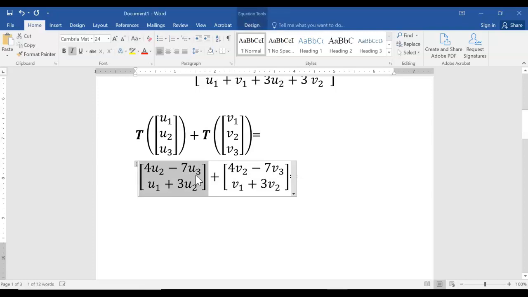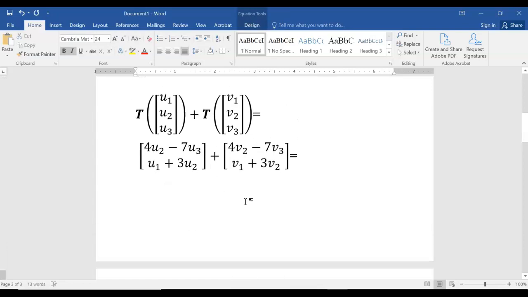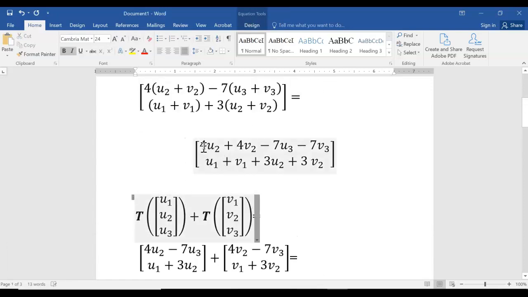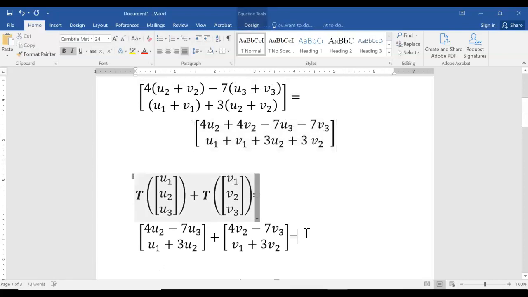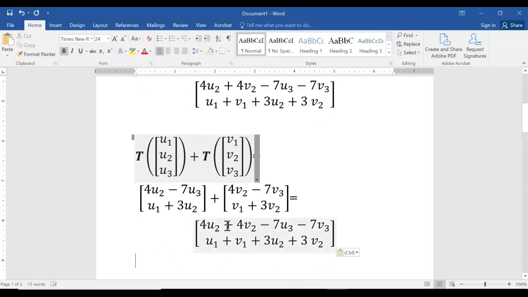Well, we're getting out the vector that we wanted to. You can reorder things if you'd like, but hopefully you can see you're going to end up with the exact same vector: 4u2 plus 4v2 minus 7u3 minus 7v3, u1 plus v1 plus 3u2 plus 3v2, excuse me.